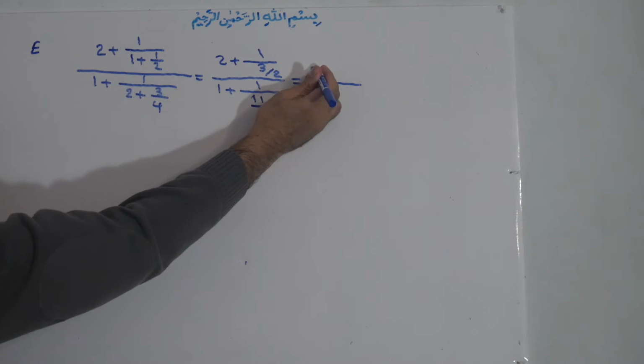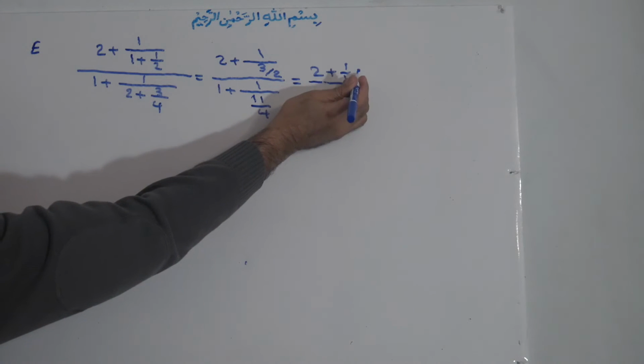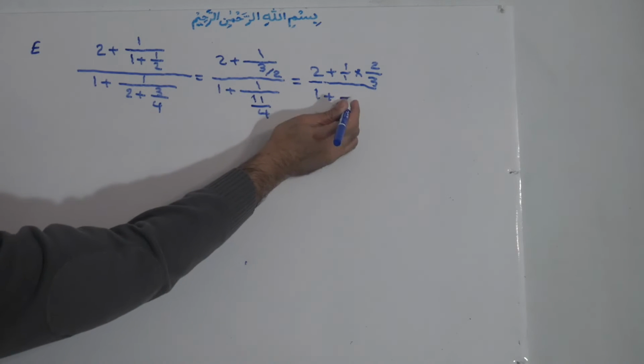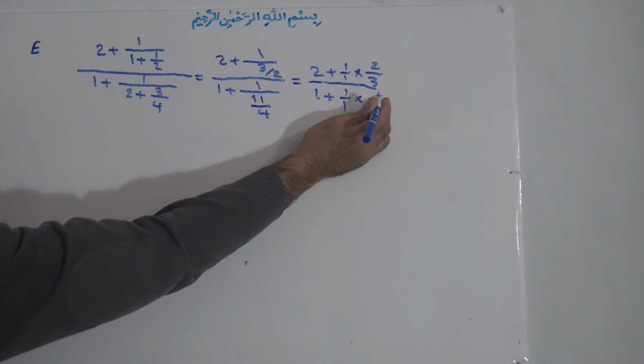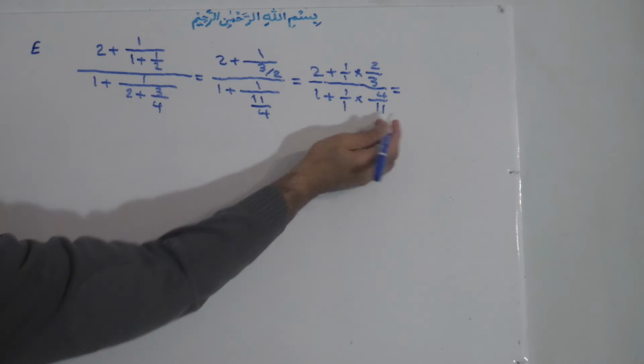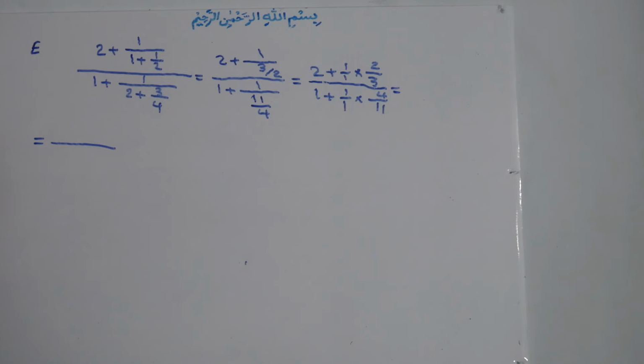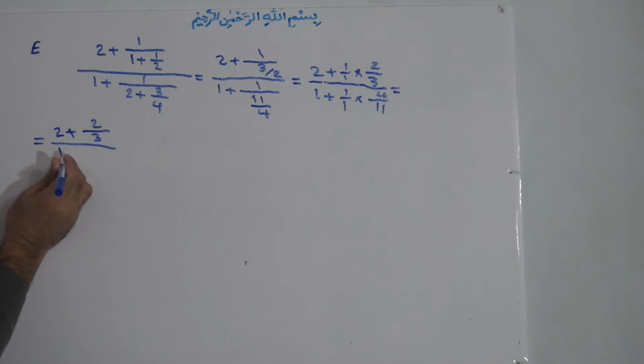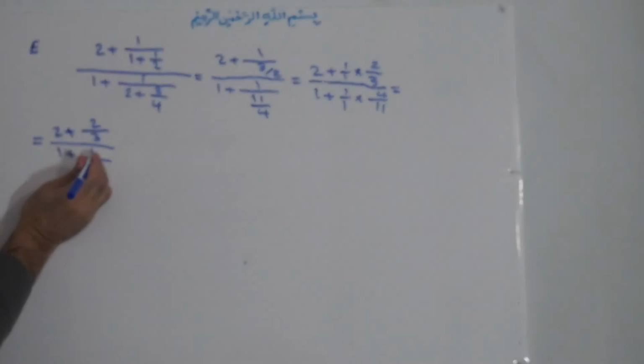Now we do it like this. It is equal to 2 plus 1 over 1 times 2 over 3, and here 1 plus 1 over 1 times 4 over 11, equal to 2 plus 1 times 2 is 2, 1 times 3 is 3, 1 plus 1 times 4 is 4, 1 times 11, 11.